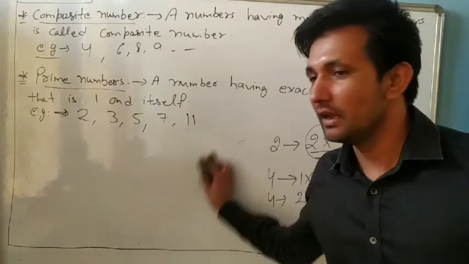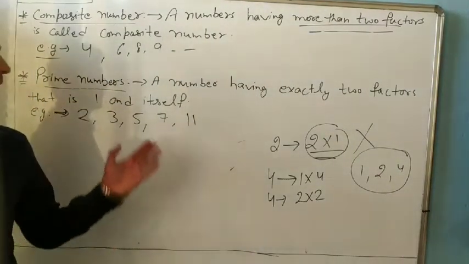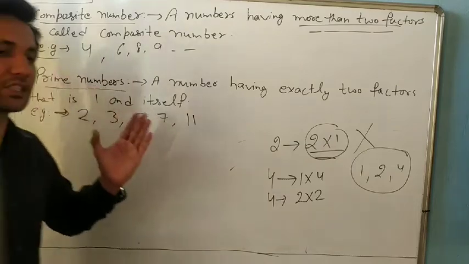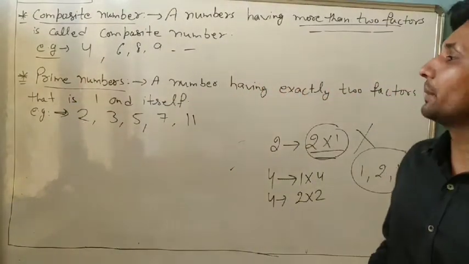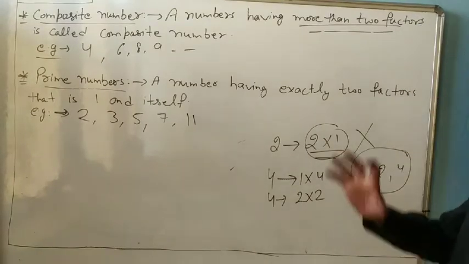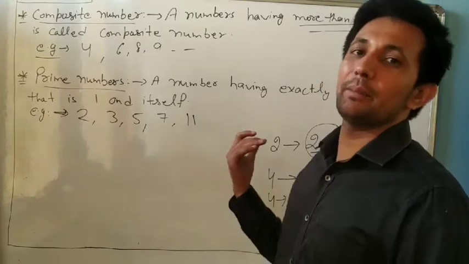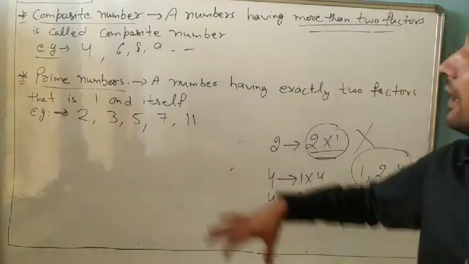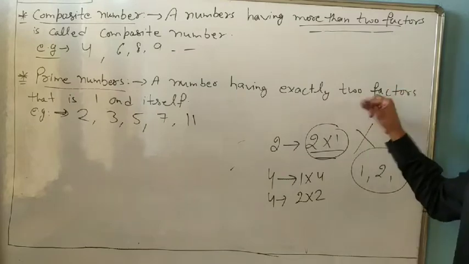Okay. Next is prime numbers. We already learned this many times from the 6th class, in 6, 7, 8, 9 and now we are in 10. So it means numbers will not leave you until you learn mathematics. Okay, it's very important. So a prime number means a number having exactly 2 factors.